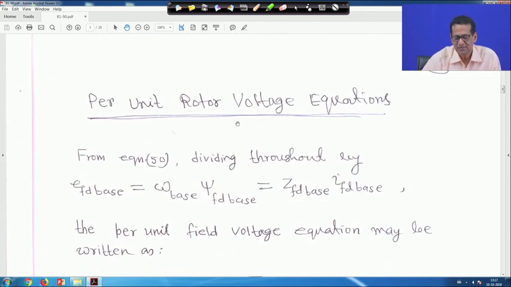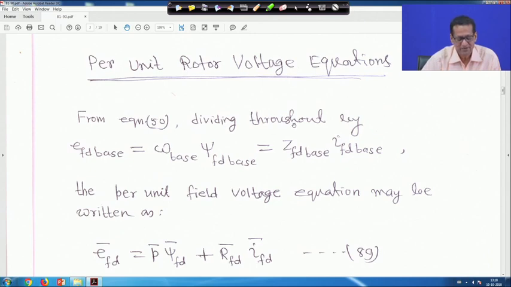This is the way I showed you how it will be P bar. Next is per unit rotor voltage equations. Now from equation 50, divide throughout by EFD base, that is the field voltage, where EFD base is equal to omega base into psi FD base is equal to ZFD base into IFD base. Same philosophy as the stator; here it is the rotor.